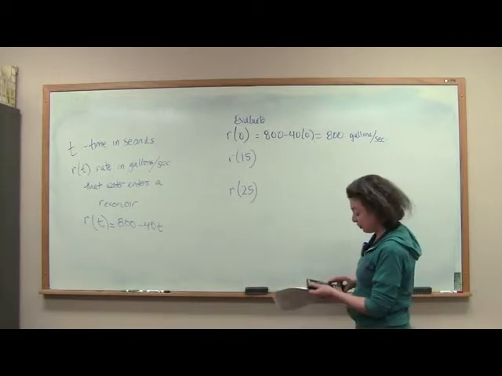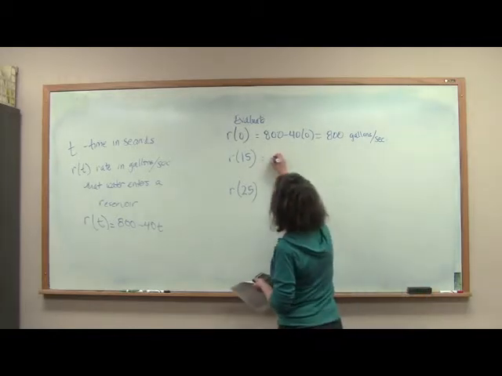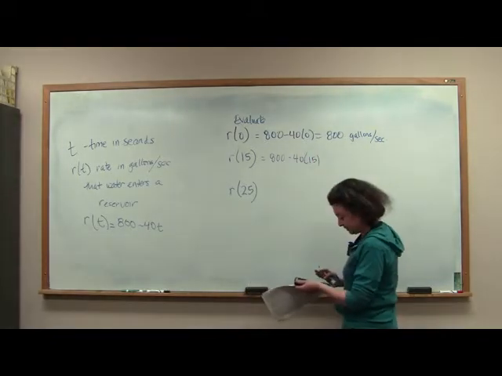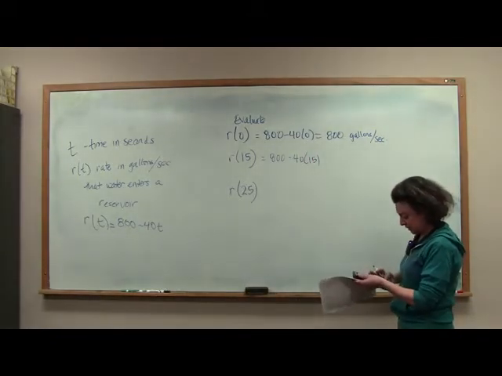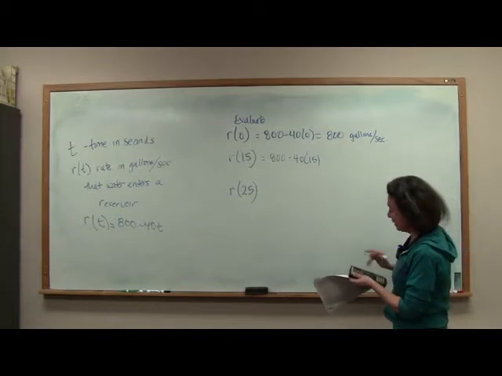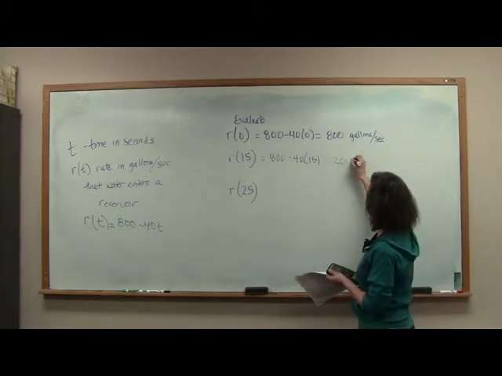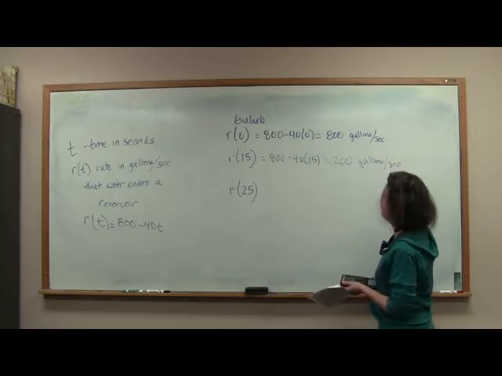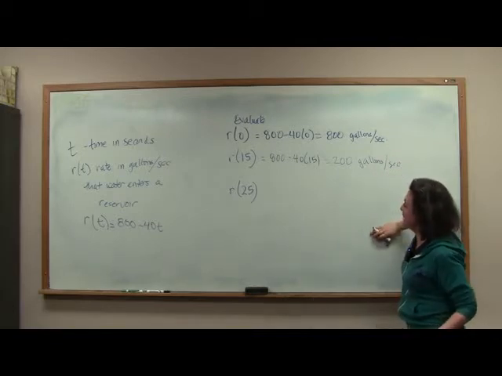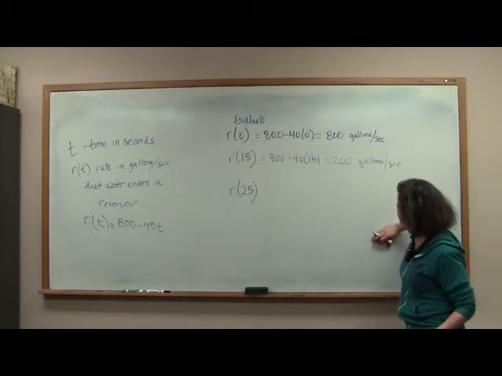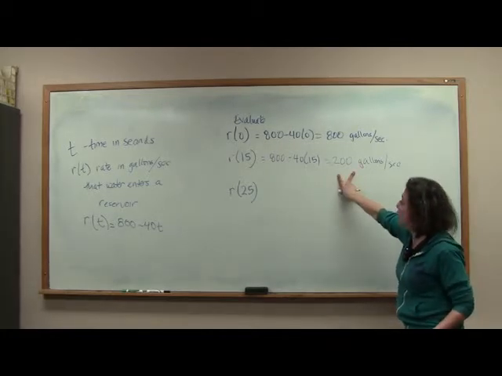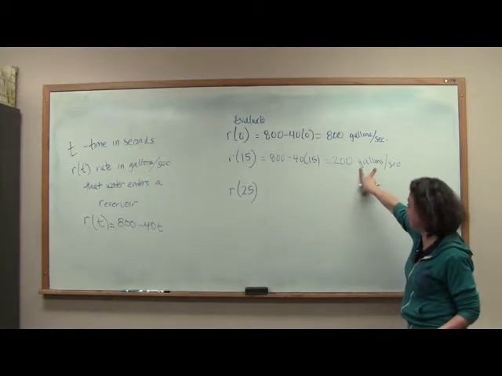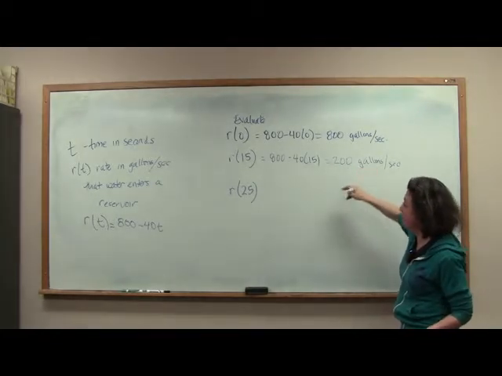Next, let's evaluate R of 15. Well, that's 800 minus 40 times 15. And what do we get here? We get 200 gallons per second. So what this is saying is 15 seconds later, water's entering our reservoir at a rate of 200 gallons per second.